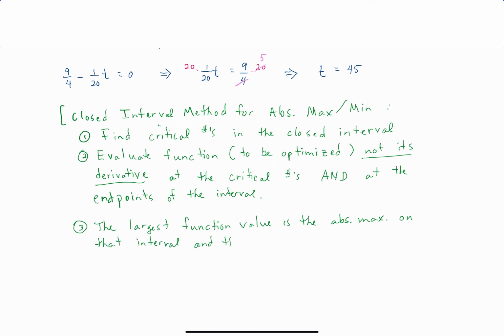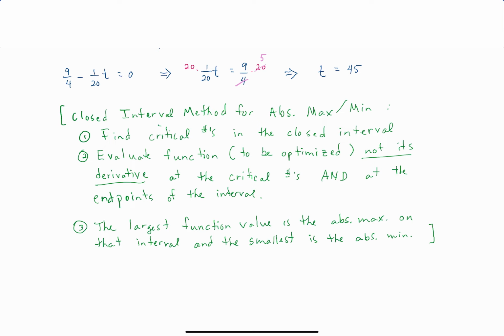And the smallest is the absolute min. Okay, so we did this in, I think it was section 3.1, if you want to go back and look at that. But here's a review of how it works.